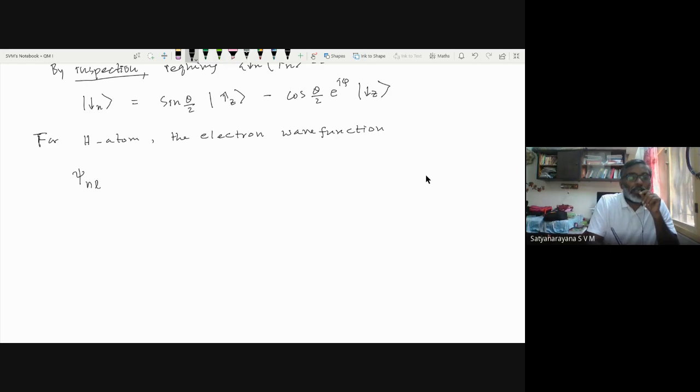Psi n l m r theta phi. Okay, r theta phi are the coordinates and n, l, m are the quantum numbers.